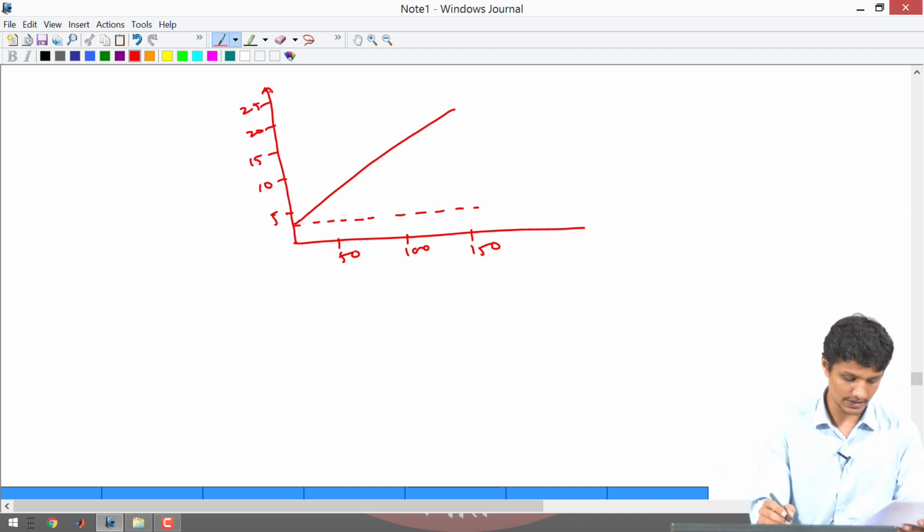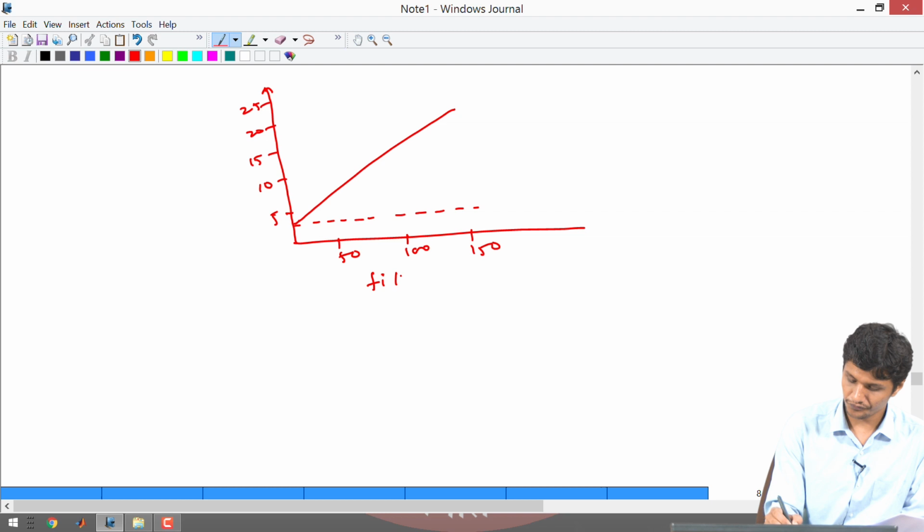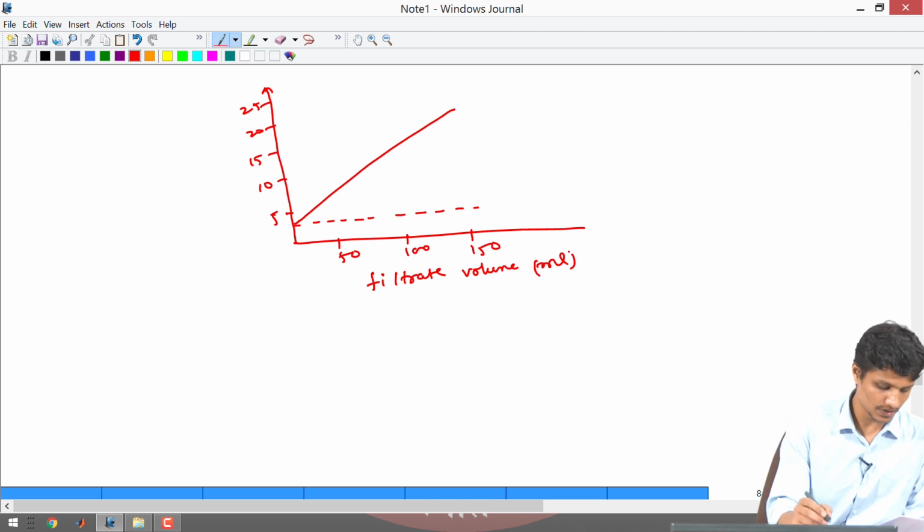This is filtrate volume in ml, and this is time by volume in second per ml.